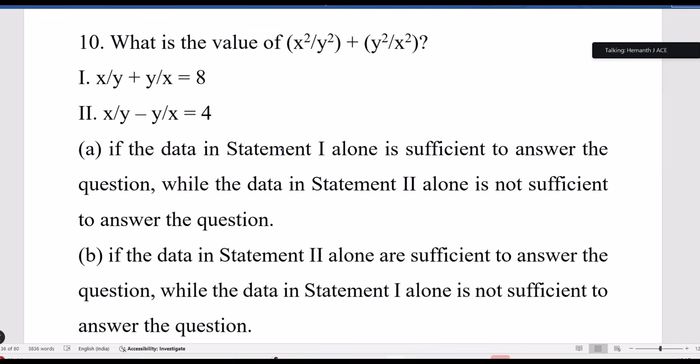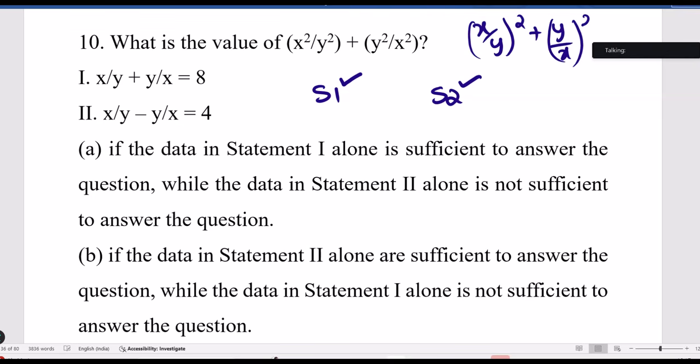Okay, so this question, is the answer 1 alone or 2 alone or together? 1 alone okay, 2 alone also okay. If you go for 1 alone, (a plus b) whole square gives a square plus b square plus 2ab, where the xy and yx cancel, equal to 64.